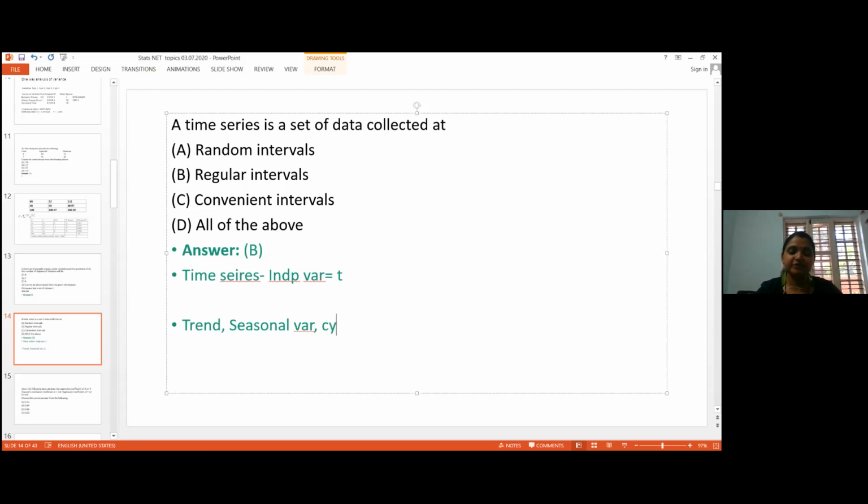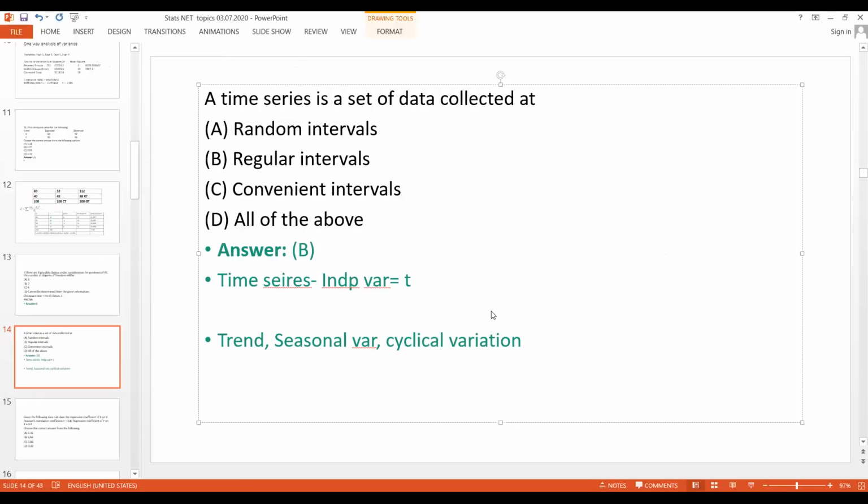Another is cyclical variations. Cyclical variations are variations which also recur, but don't recur over a shorter interval like 1 year. It will take a longer period of time, like 3 to 4 years, for the same pattern to appear. Okay. And then comes the random pattern. The best example of the random component of a time series is what we are experiencing right now. Very unexpected and very random, which has affected every time series.